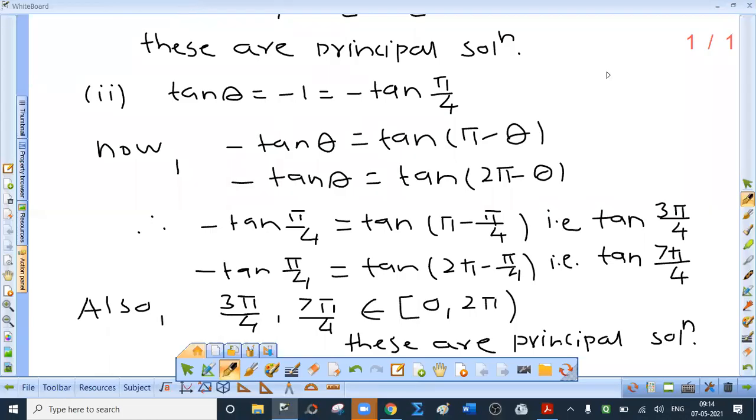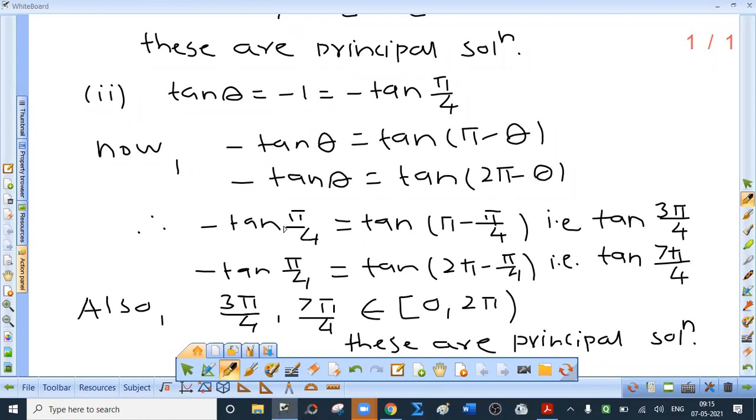Second, tan theta is minus 1. See, tan pi by 4 is 1. So tan theta equal to minus 1 can be written as minus tan pi by 4. But tan of pi minus theta is minus tan theta, and tan of 2 pi minus theta is again minus tan theta.